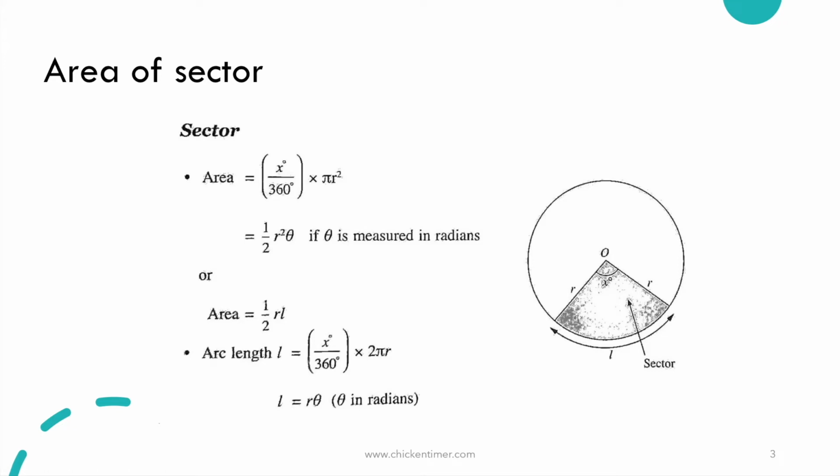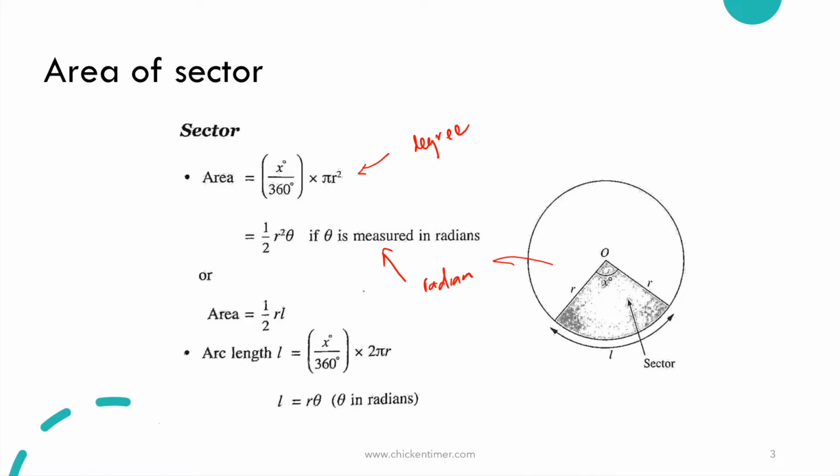Then we have this section about area of sector and arc length. There are two types of units, so there are 2 different formulas. One is this one for area of sector, which is in degrees, and the second one is in radians.